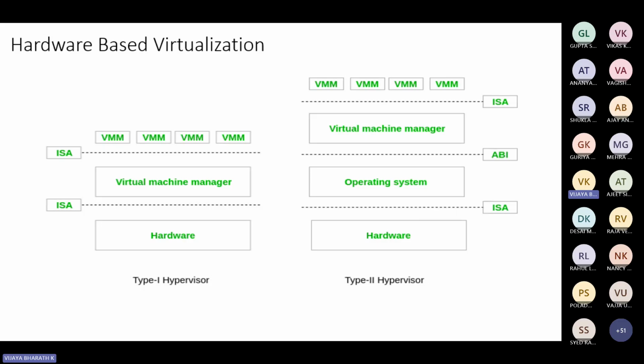One is the type 1 hypervisor, which has multiple names like full virtualization. Similarly, there is a type 2 hypervisor, which is called para virtualization. You'll see those types. Or software virtualization hypervisor, one is called hardware virtualization.